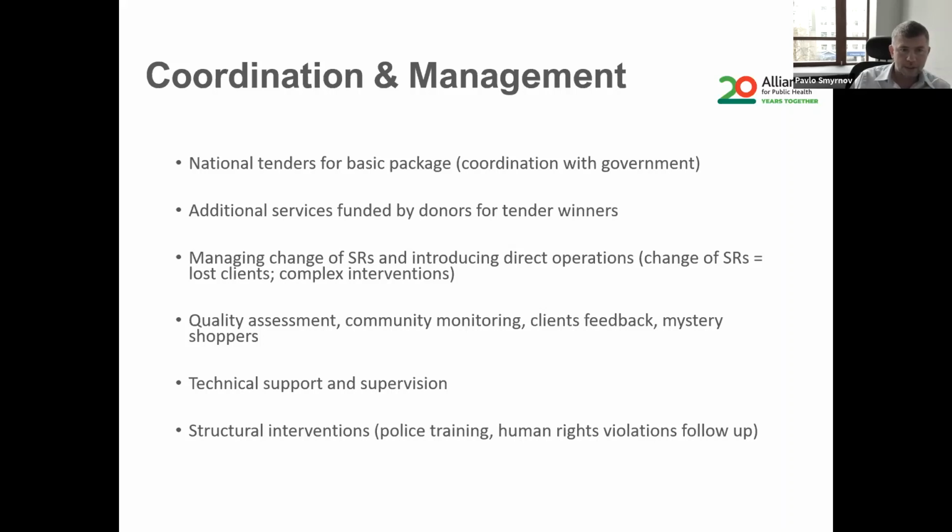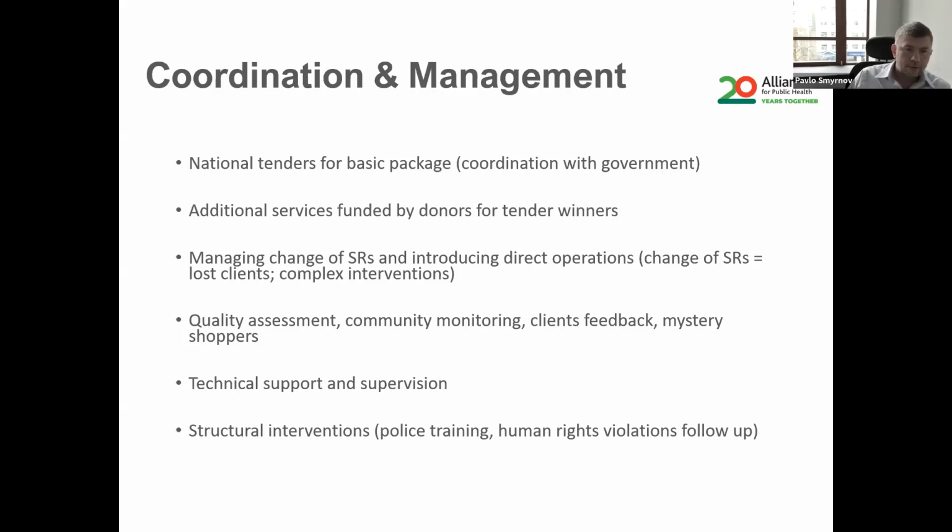So this is quite complex, and sometimes we don't have a local partner to pick it up immediately. Then it goes to the next step: quality assessment, community monitoring, client feedback, mystery shoppers. This is continuously done to see if the services which are declared are really provided and at a quality level which is acceptable to clients.